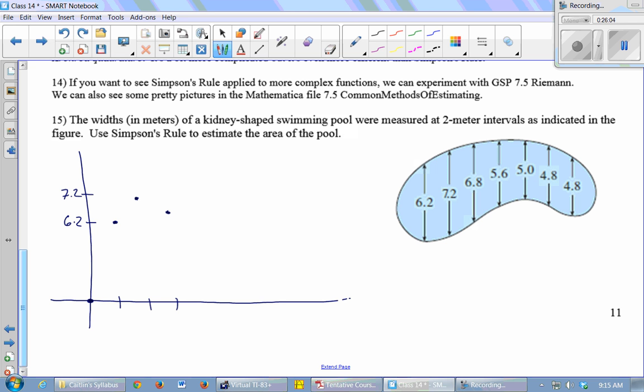And then I've got a 5.6, and then a 5, and then a 4.8, and then another 4.8. This is really terribly to scale, and then a 0. So this curve that I've created should have the same area as the swimming pool.